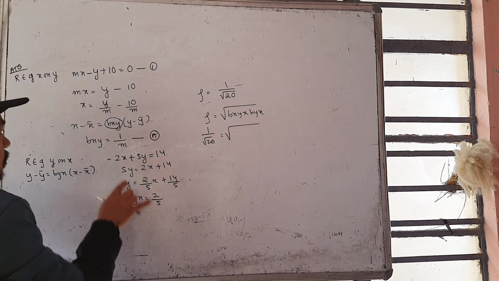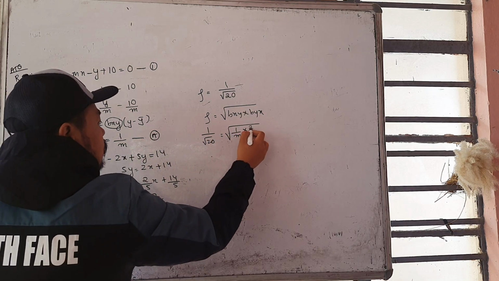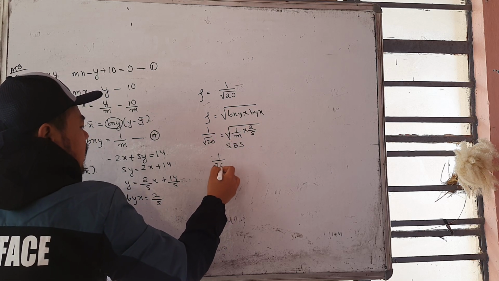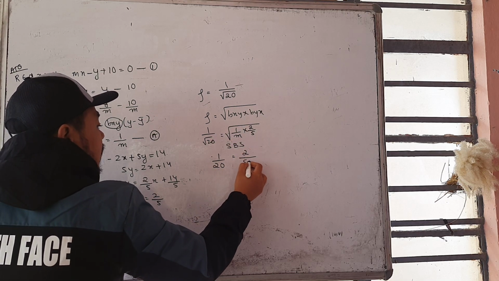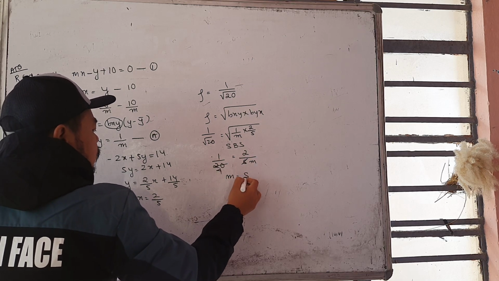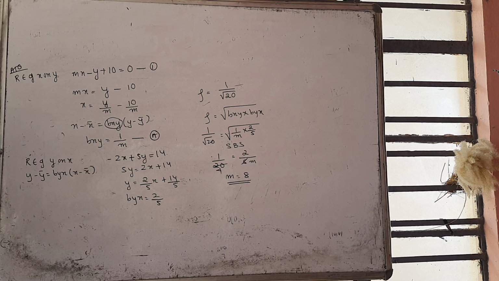What is bxy? Come on. Very good, 1 by m. And what is byx? 2 by 5. Squaring both sides, 1 by 20 equal to 2 by 5m. 5 how many times are? 4. So m equal to 4 2s are 8. Very important and nice question. Is it clear, everyone? Okay. Understood? This is m equal to 8.